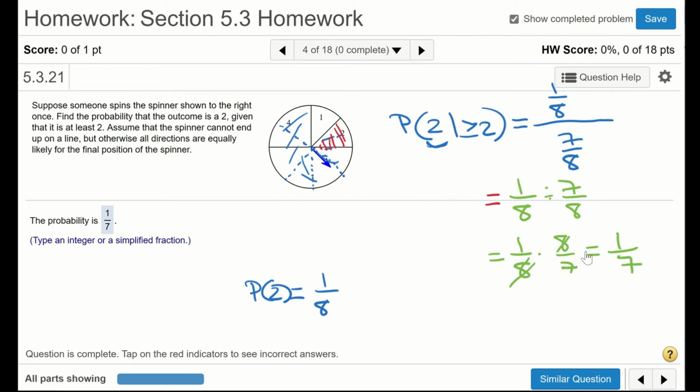Remember, if you keep a numerator fixed, then the larger you make the denominator, the smaller the fraction. So 1/8 is smaller than 1/7. So we have increased the probability by decreasing the what? The sample space size. And that's really nice and important to understand.